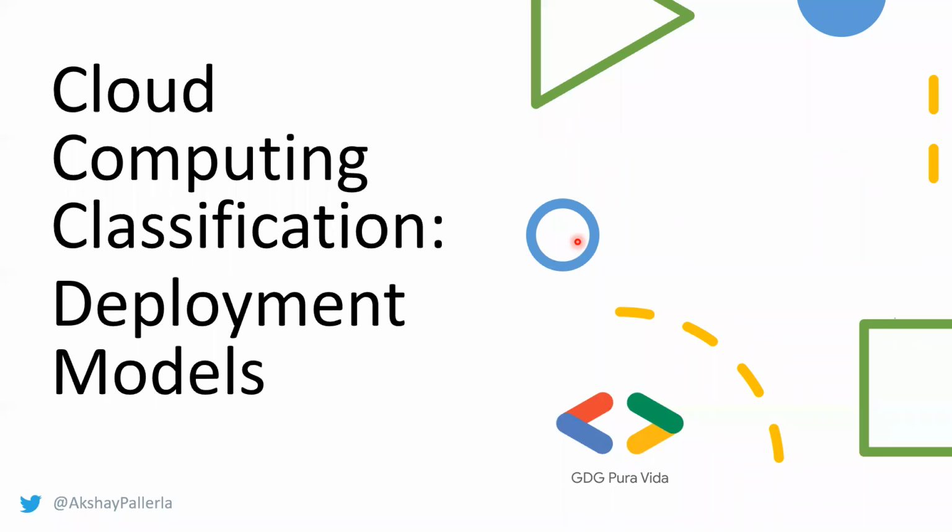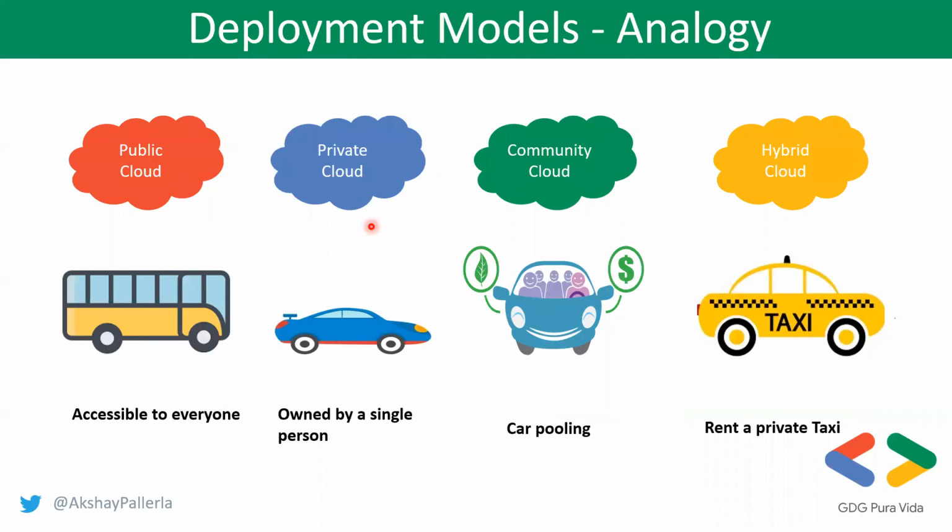So how do we explain that again to a layman? Let's use an analogy. Deployment models are categorized into 4 types: public cloud, private cloud, community cloud, and hybrid cloud. The analogy I'm trying to portray here is, the whole goal is to travel from point A to point B. That's the application for me, right?